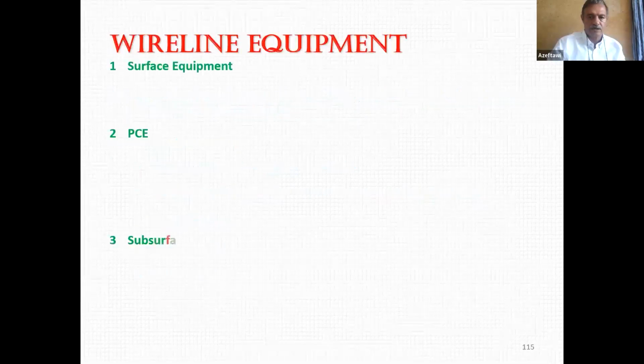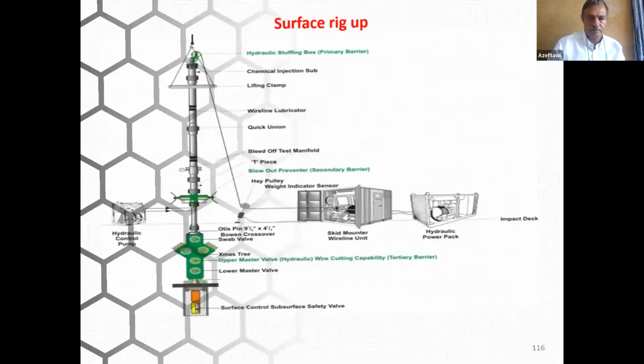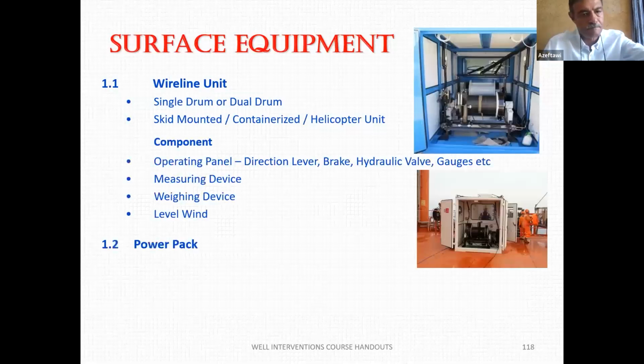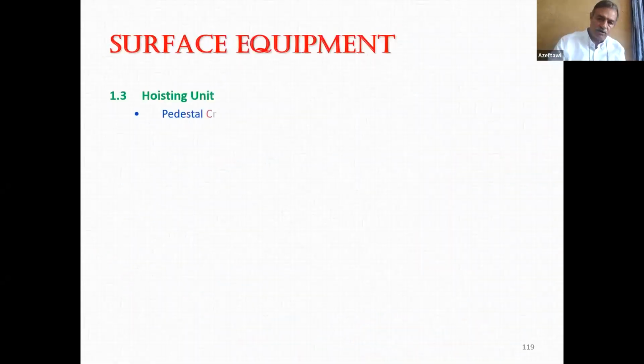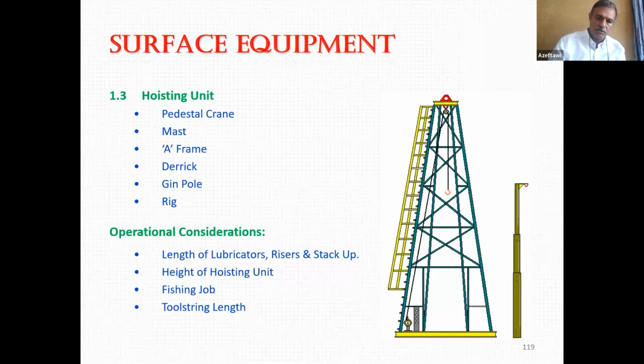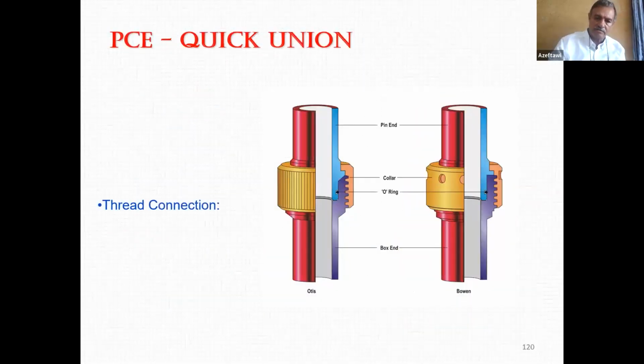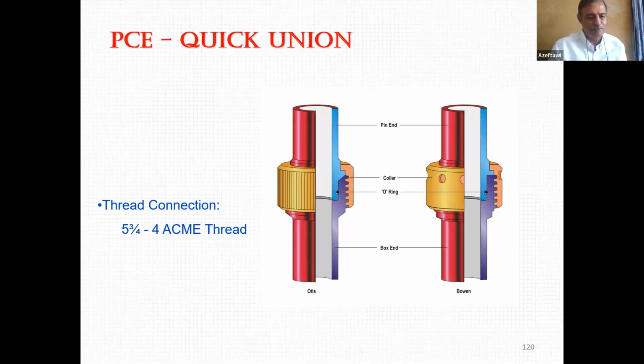So the first thing is the crossover. The thread that we use on the crossover is what we call Acme thread, 5 3/4-4 Acme thread. Why does it have two numbers?